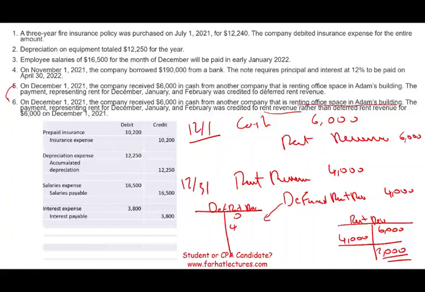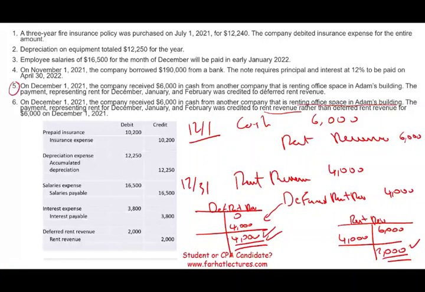Then I booked $4,000, therefore I still have $4,000 for January and February. Back to what I'm supposed to have: $2,000 only of revenue for 2021 and $4,000 of unearned revenue for January and February of 2022. So notice I'm back to exactly what I want to be. So notice number 5 is the correct proper way to do it.